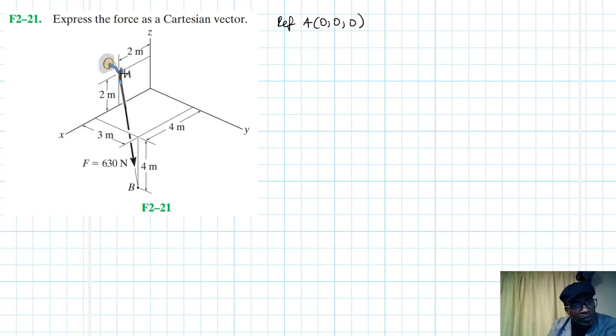So let's draw our new coordinate system. It is something like so, and then something like so. Okay. I haven't drawn it properly. Right, something like so.